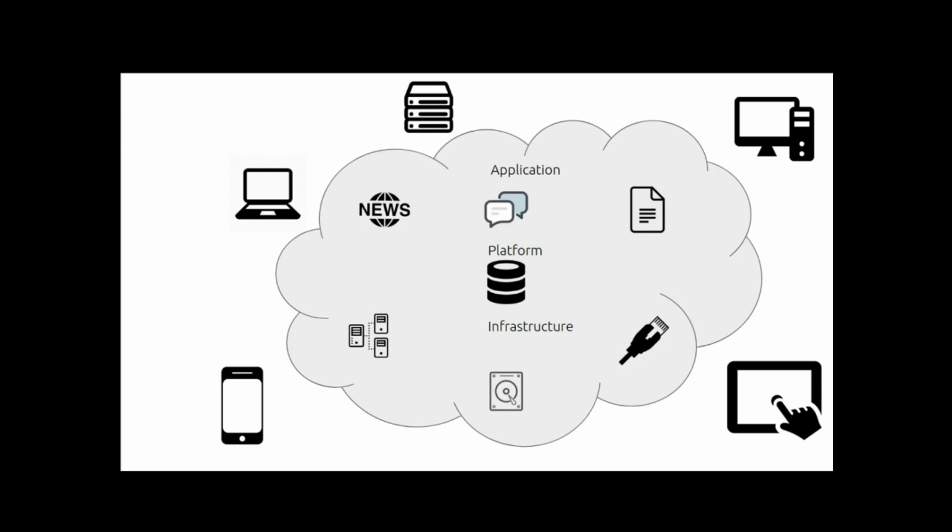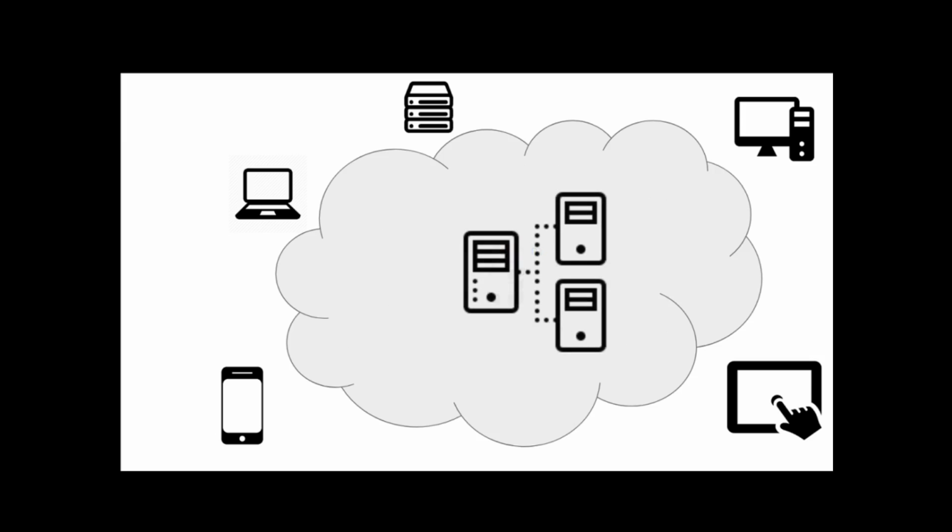And then the third way to access cloud resources is through infrastructure. You would access things like compute, storage, or networking. Today, we will be using compute. That's the branch of the cloud resources that we'll be using.